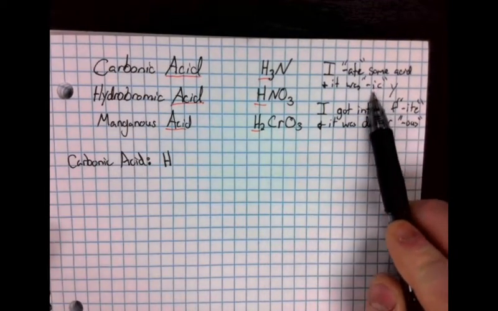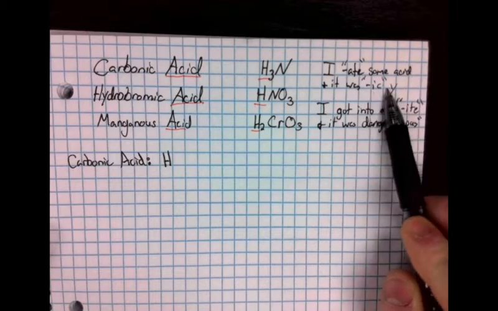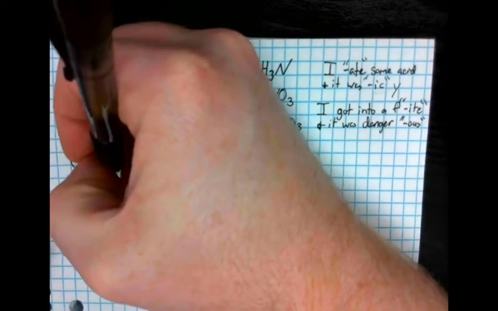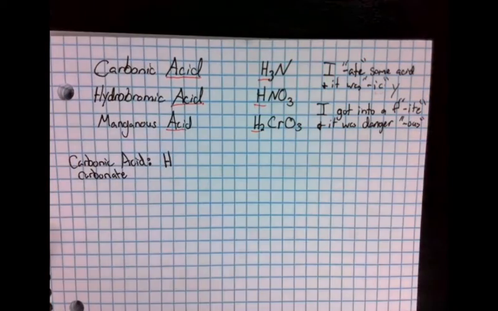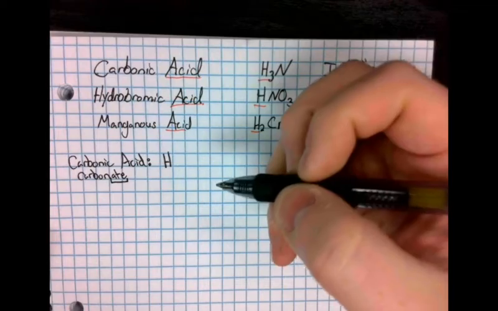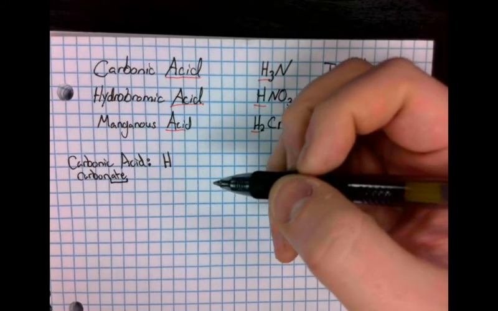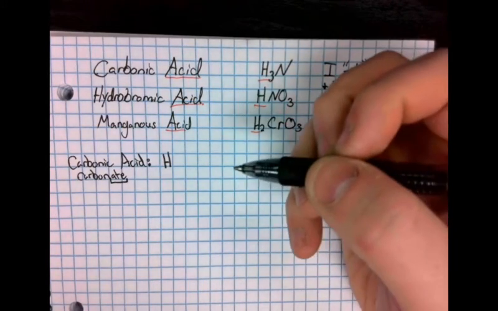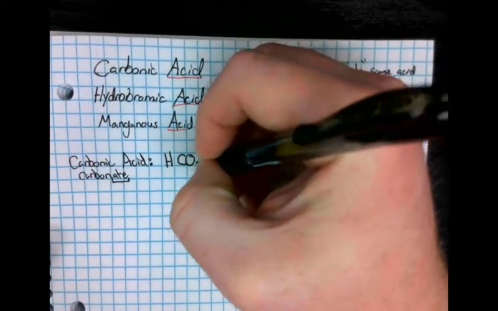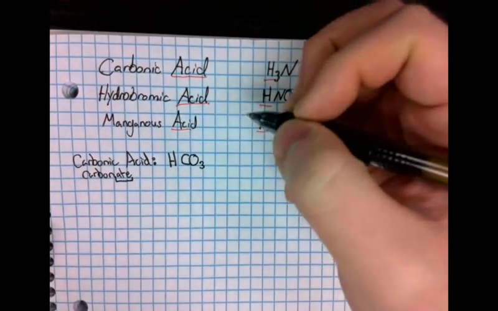So carbonic ending is associated with something that used to be carbonate. And ate tells us that it was a polyatomic. So now you are in the territory that I know you guys are loving so much, which is you literally just have to know it. You have to know that carbonate is CO3, and it has a 2- charge.